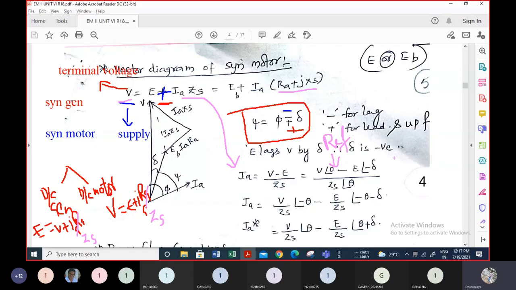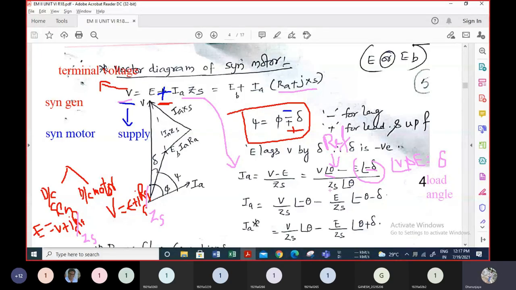We already discussed that the angle between V and E is nothing but the load angle. Once I consider V as the reference, obviously the other angle will have a negative sign, so E will be with a negative delta, and theta is the impedance angle.